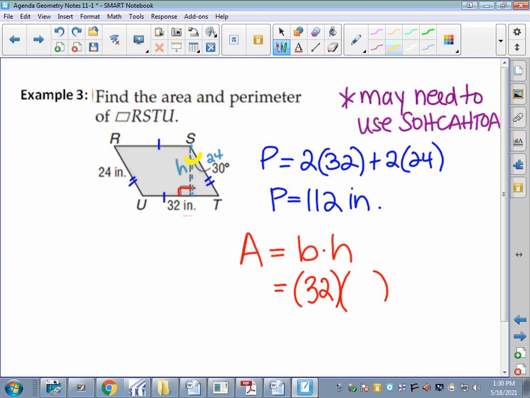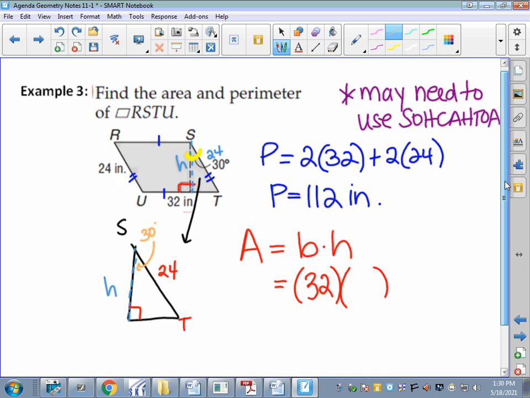I'm going to take this triangle out for just a second. So here's S. Here's that dotted line here that I labeled H. Here's that right angle. I'll mark it on the other side. Here's T. This is 24, and this angle right here is 30 degrees. So I could do SOHCAHTOA. I call this side work.